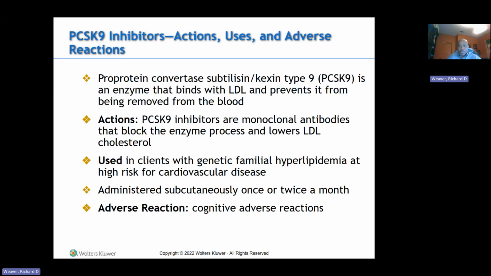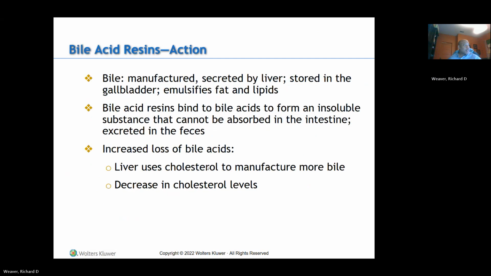These two drugs that I just talked about do have the possibility of causing cognitive adverse reactions, and so that's probably all the more reason why you should go with the regular drugs as opposed to this very expensive drug. $14,000 is just really ridiculous.